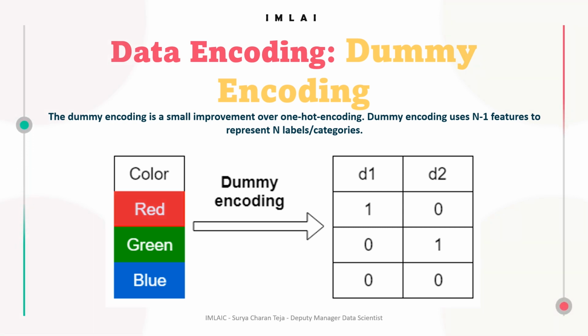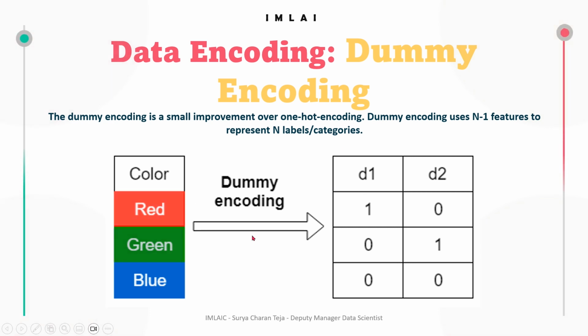Let's see. The first category of color is red, then green, then blue. You have three categories, so n is equal to 3. But for dummy encoding, you will be taking n minus 1 dummy variables, or dummy features.